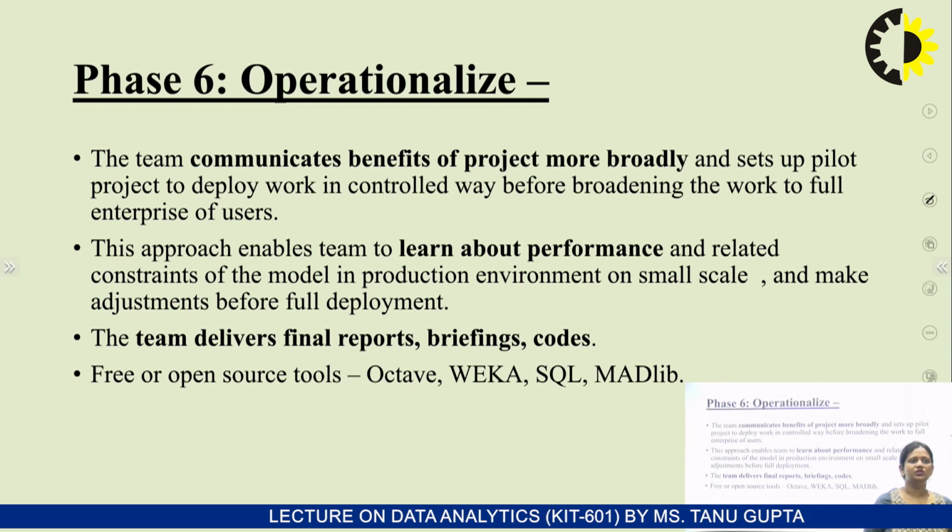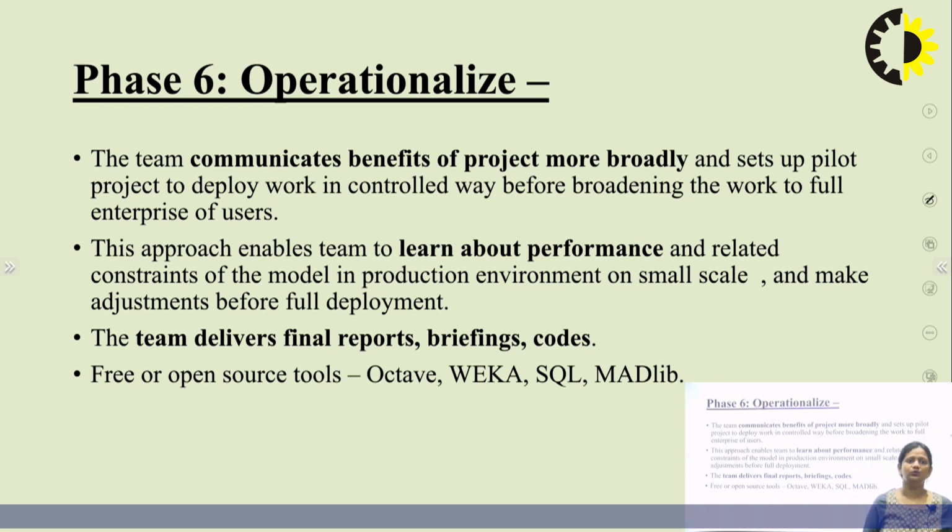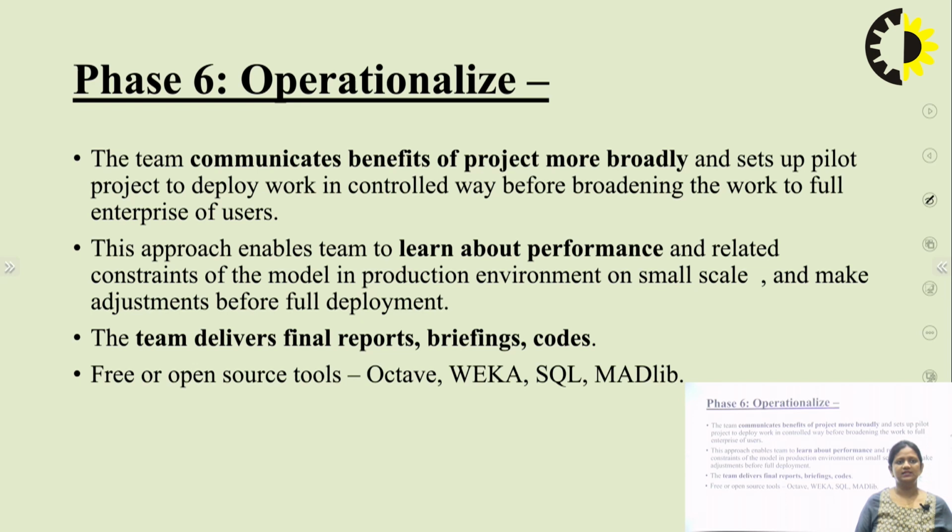This approach enables the team to learn about performance and related constraints of the model in production, at small scale or big scale, and to make adjustments before deployment according to feedback and performance. We test our product or data, which we have planned or built, according to the environment and make adjustments if possible before the full deployment of the project.